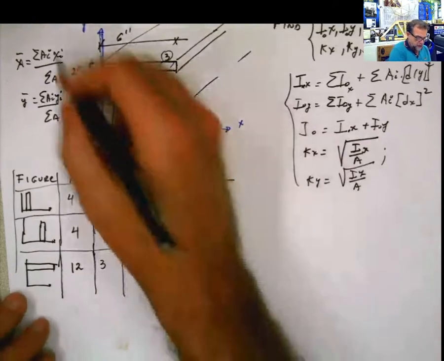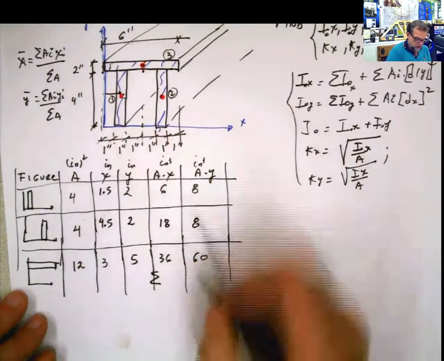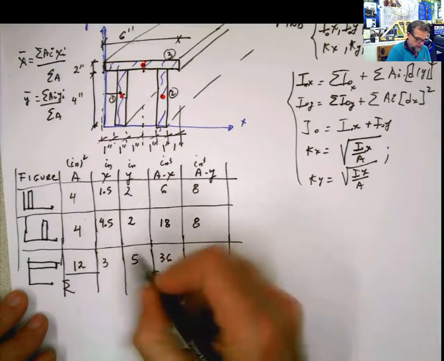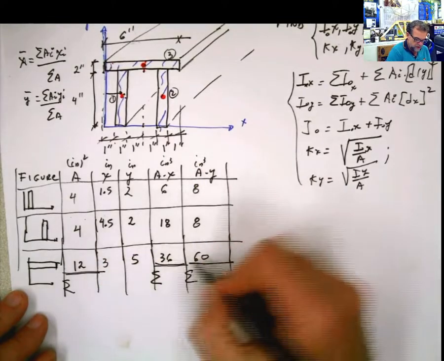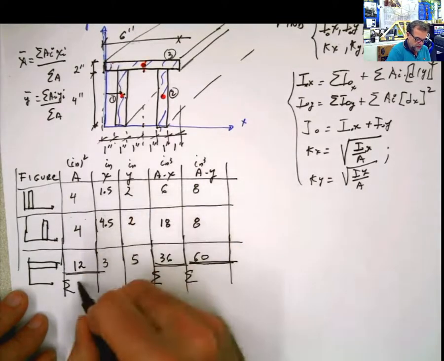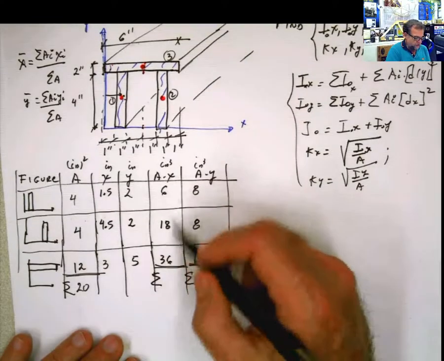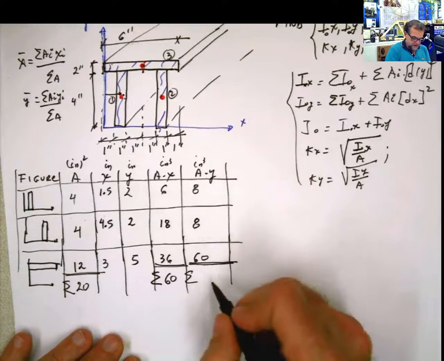Now the formula says summation of area, total area. We do the summation here: this is 20, this is 36, 54, 60, and this is 60, 76.